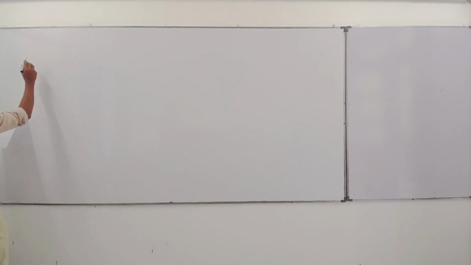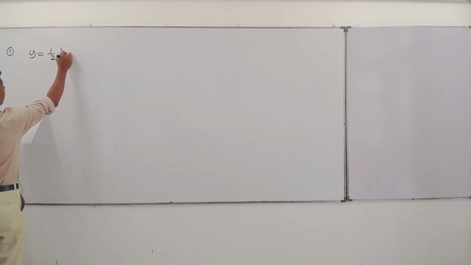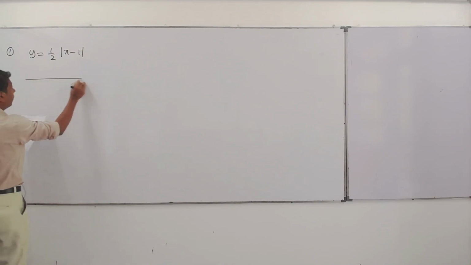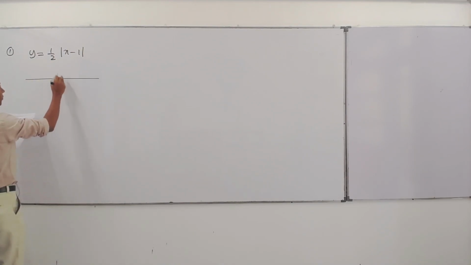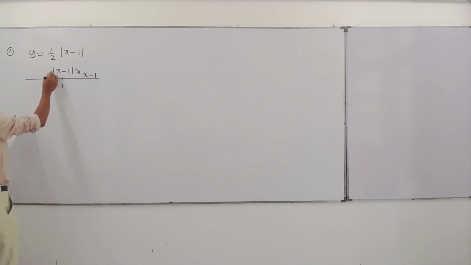draw this graph y equals half mod x minus 1. When you define the mod x minus 1, it changes at 1. On the right of 1, it is x minus 1.